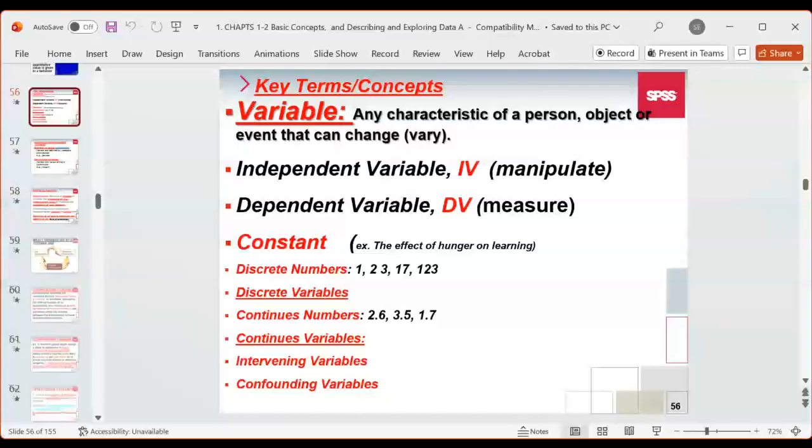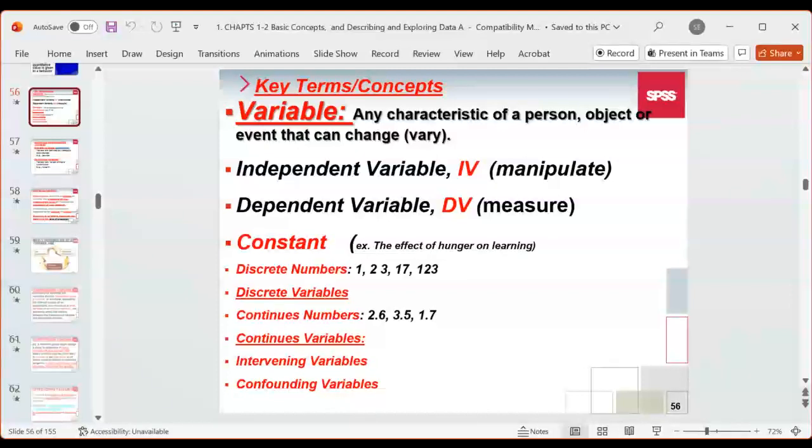But if they talk about something that we didn't measure, like temperature, somebody said it was too cold in that room, or it was too hot, we say that we held the temperature constant. That right there is a constant variable. That means both rooms had the same temperature. So if it was cold for you, it was cold for everybody. If it was hot for you, it was hot for everybody. So that would be a constant variable.